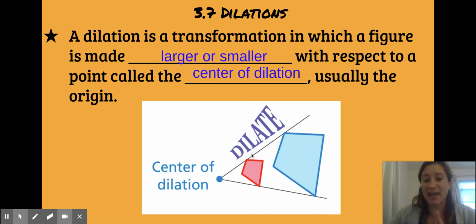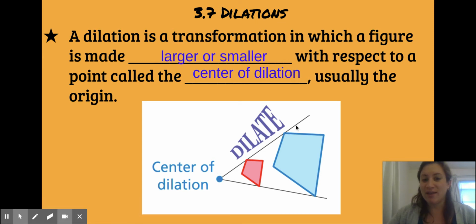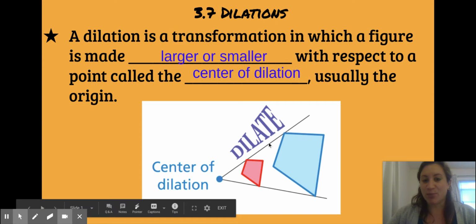Either way, in a dilation, if you connect corresponding vertices and draw a line through them, all of those lines should meet at a common point, which will be the center of dilation.